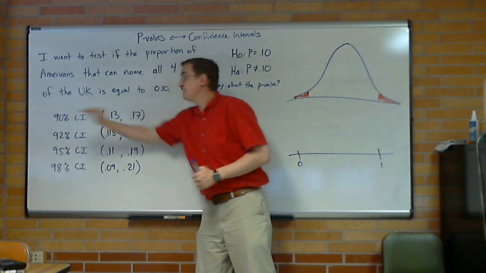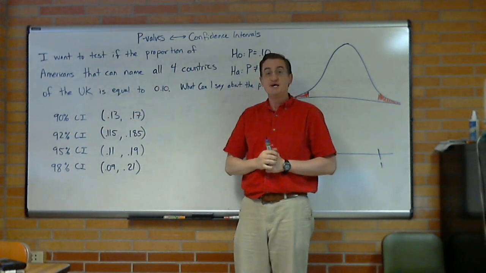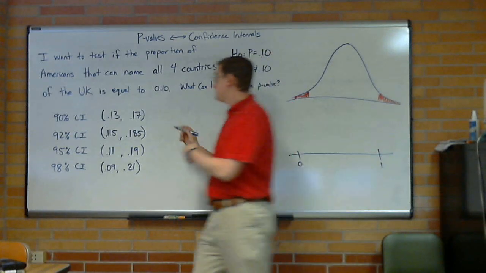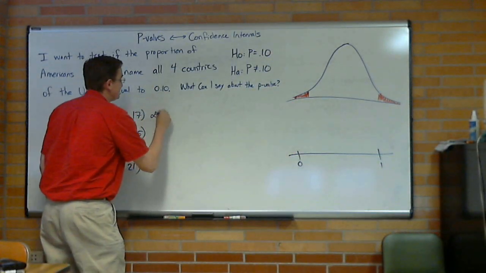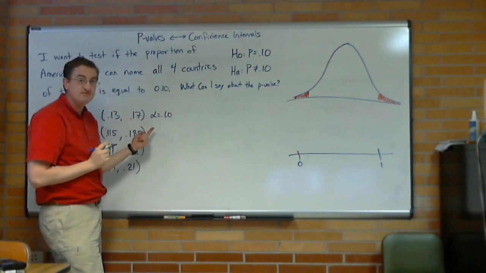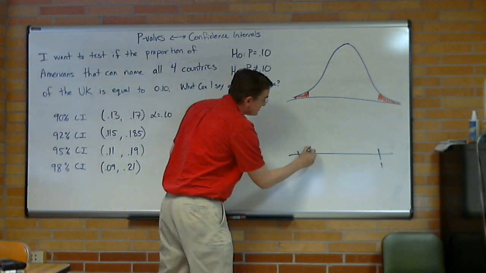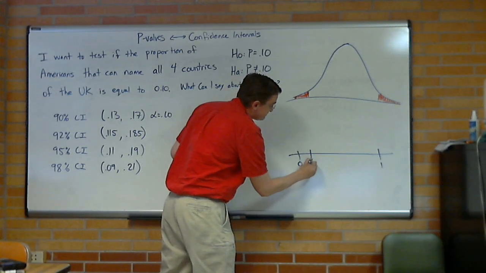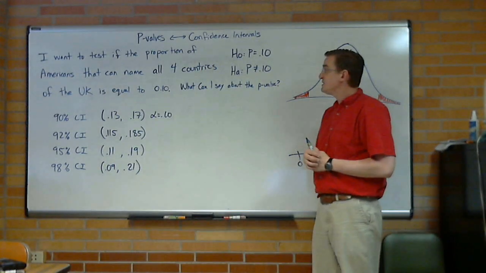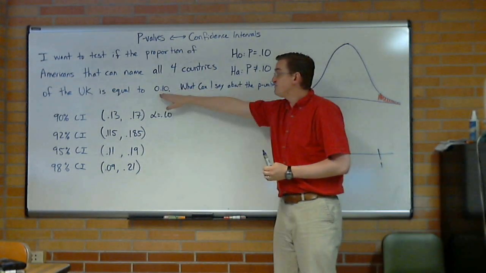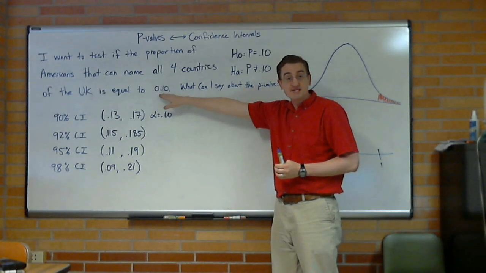The confidence level is 90%. That's like a corresponding alpha level of 10%. Now, if my alpha level was 10%, I could use that to compare with my p-value. I'm going to mark on here where 10% lands. Now, the question of interest is, could the proportion be 10%?